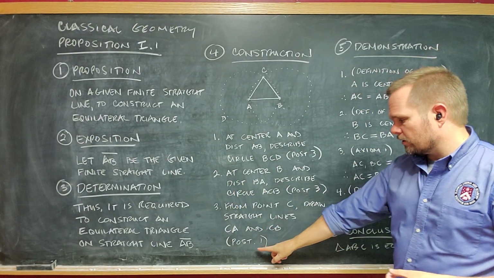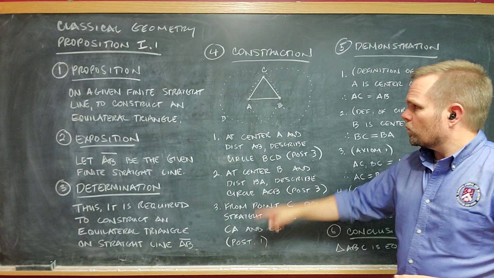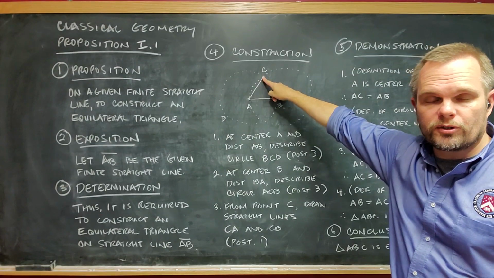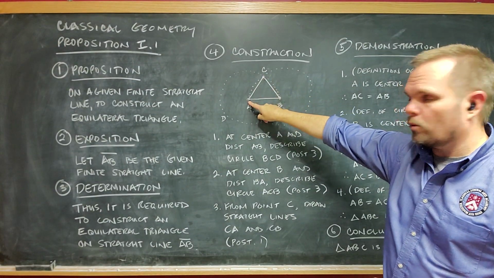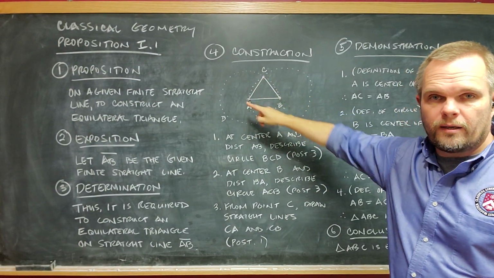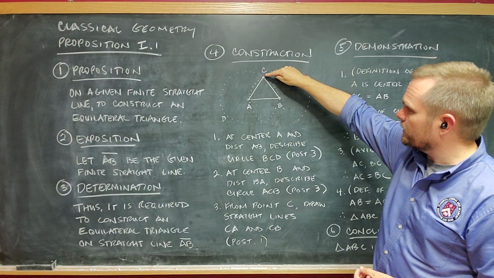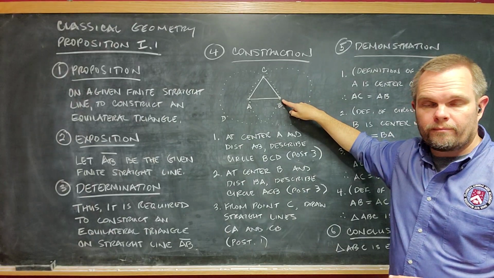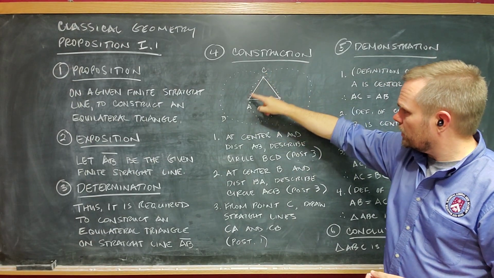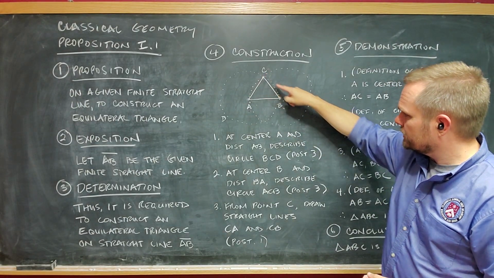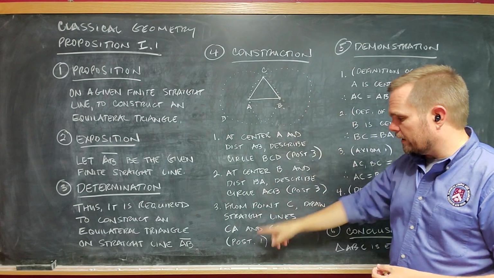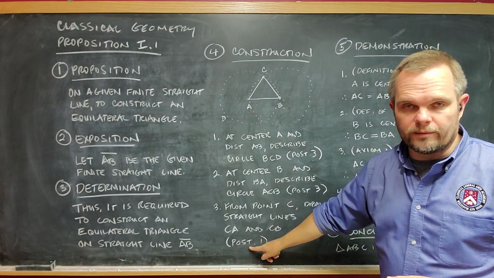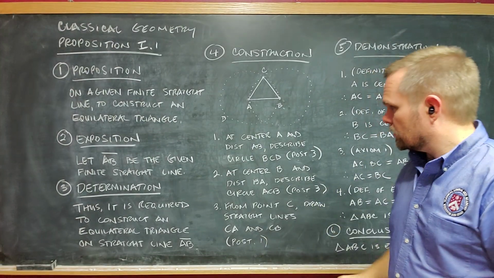So using postulate 1, we're going to draw a straight line from this point C, where the 2 circles intersect, down to point A. And we're going to do that again from point C down to point B. Okay? And both of those lines from C to A and C to B are made because we're allowed to do so by postulate 1 from the postulates.